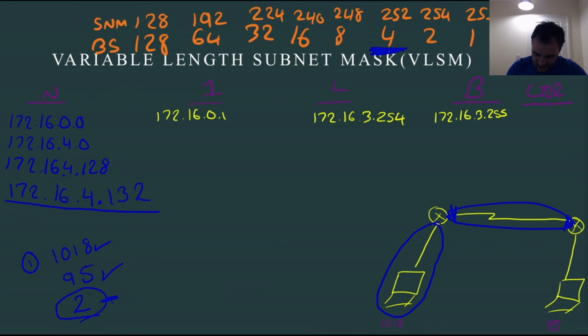So we can say subnet mask is 255.255.252.0, which if we count the number of ones for CIDR, we've got 8, 16, 17, 18, 19, 20, 21, 22.